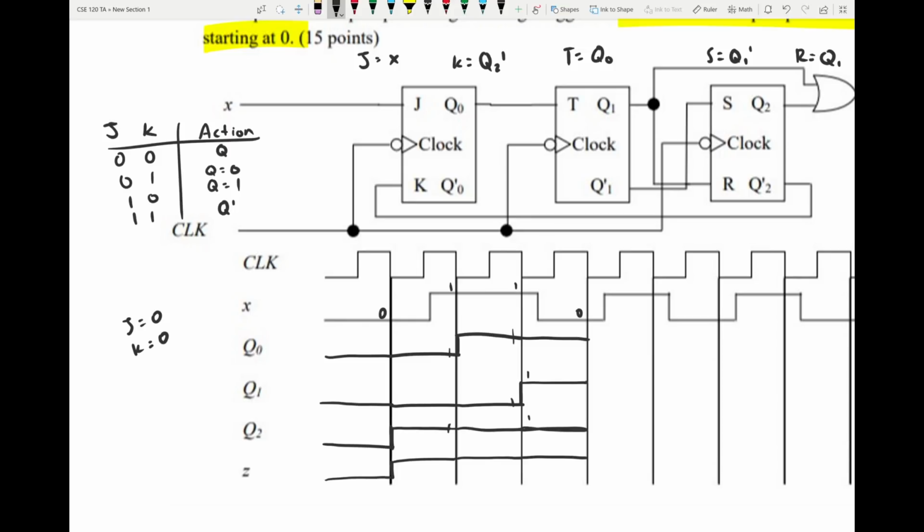However, now, with JK we're just going to stay at Q, which means our Q0 is not changing. Q1, however, since Q0 is still a 1 right here, Q1 is going to toggle again, meaning we're going to pop down to a 0.